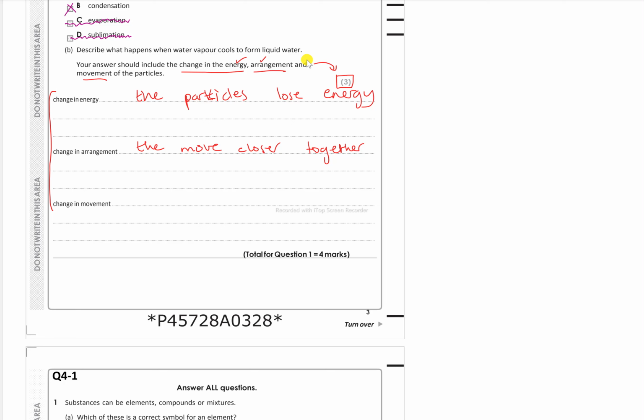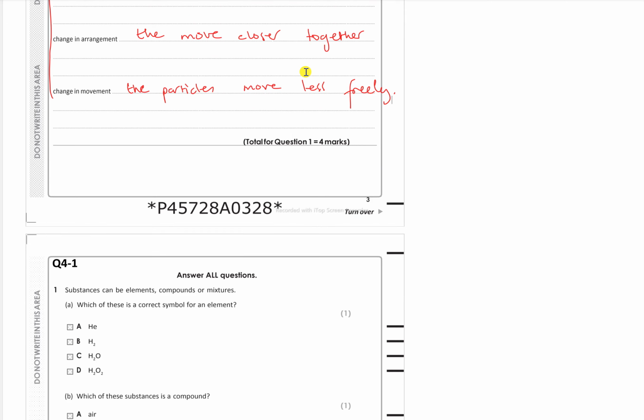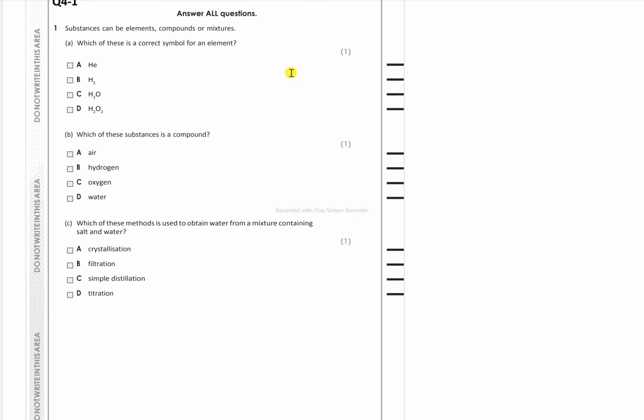Well, they start moving less freely. The particles move less freely. So what's happening is with the gas, they're moving freely randomly. With the liquid, they slide past each other in a random way, but it's less free than a gas.